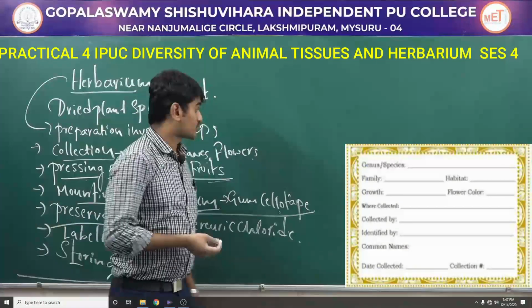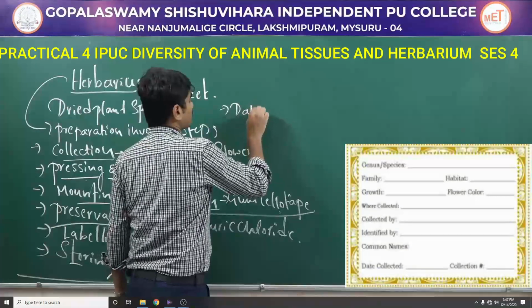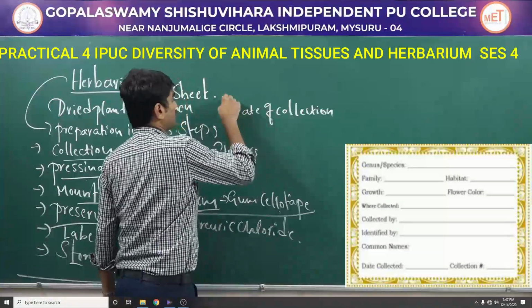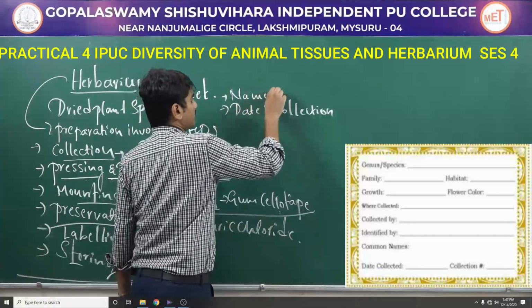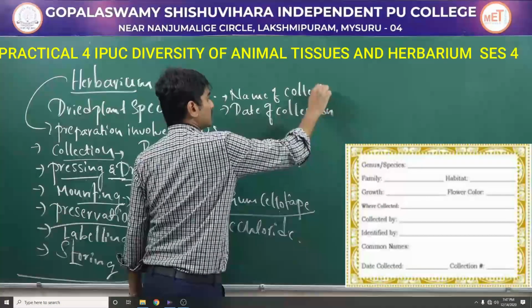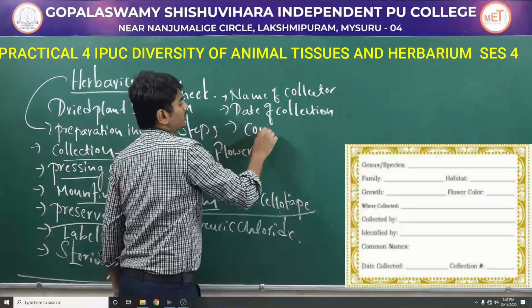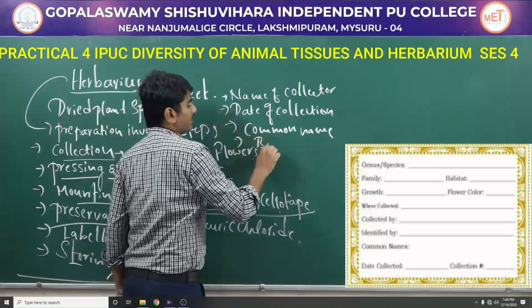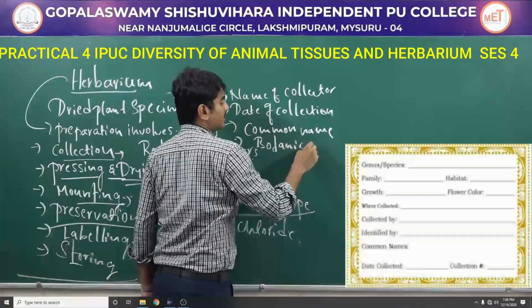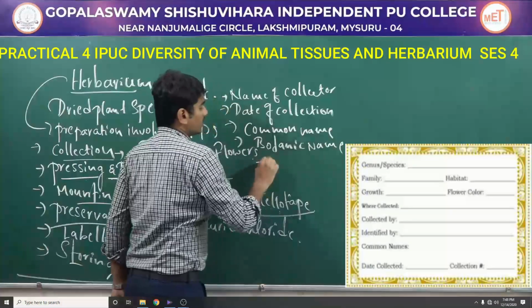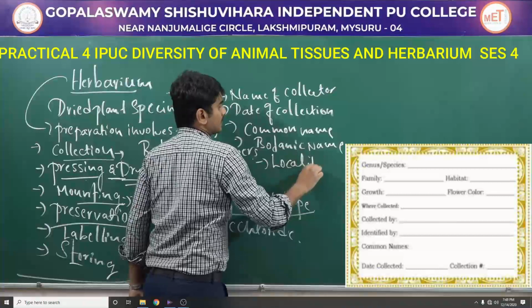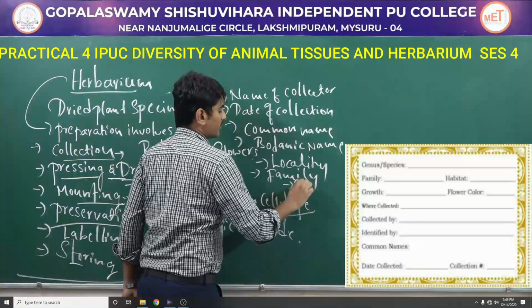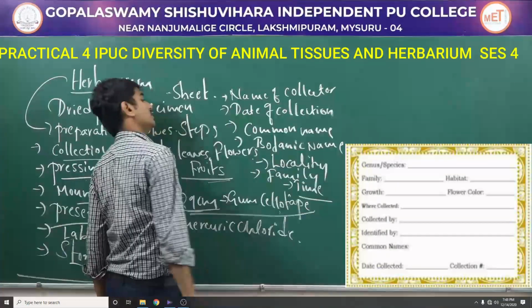The labeling includes the date of collection, name of the collector, common name, botanical name, locality, family, and time of collection.